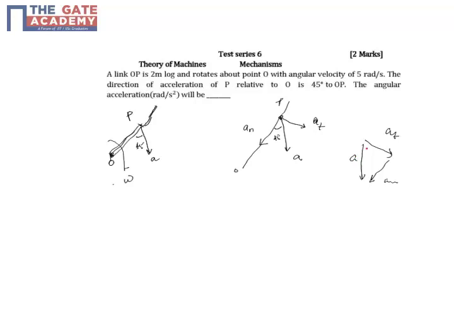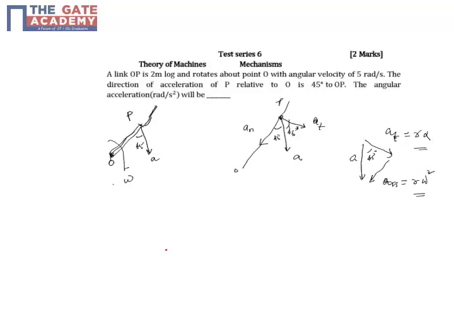So this is 45 degrees, basically 45 degrees with the horizontal, 45 degrees with the vertical. This is also 45. So now we need to get the equations. Now what is tangential acceleration? When a point is moving in a circle, the point P is moving in a circle, the tangential acceleration is given as r alpha and the normal acceleration is given as r omega square. So these are equations which you get from kinematics.